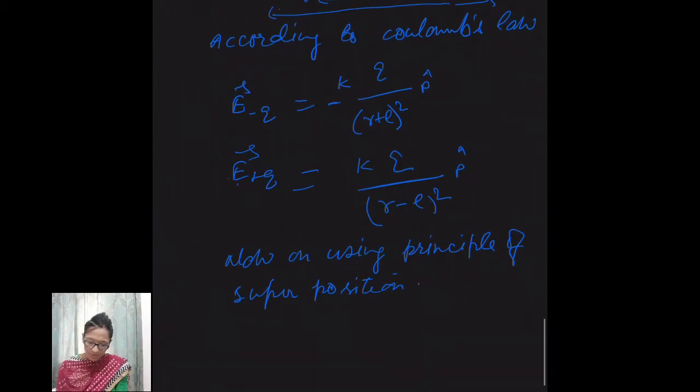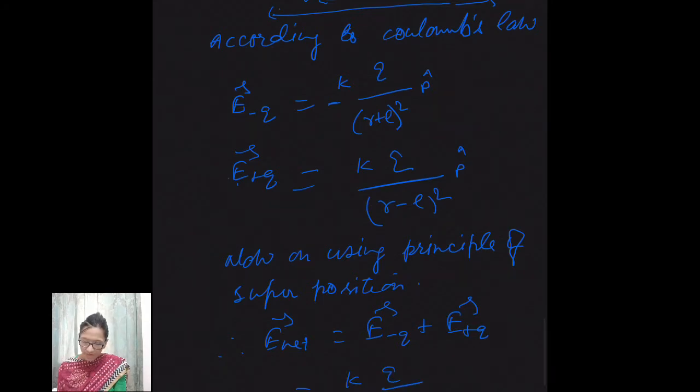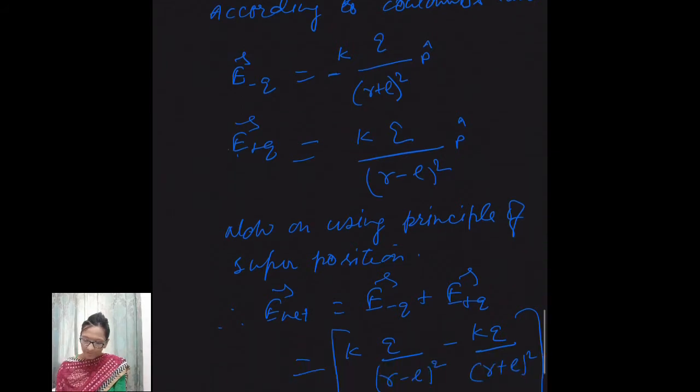Therefore E net is equal to E due to minus Q plus E due to plus Q, and this is equal to KQ upon R minus L whole square minus KQ upon R plus L whole square, and the direction is P cap direction.